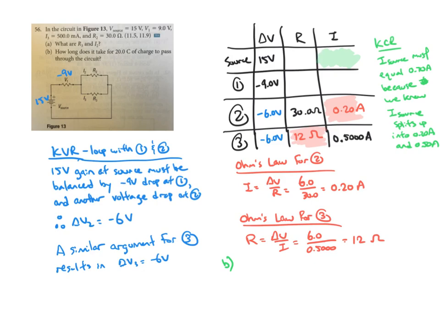So that's got to be 0.70 amps. Same thing for the current through load number 1, it's going to be 0.7 amps as well.